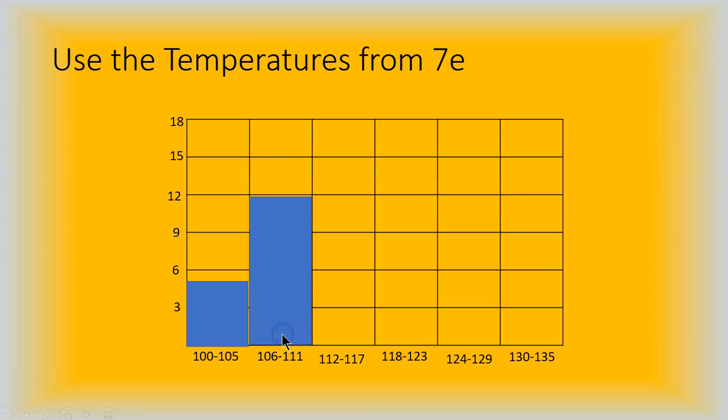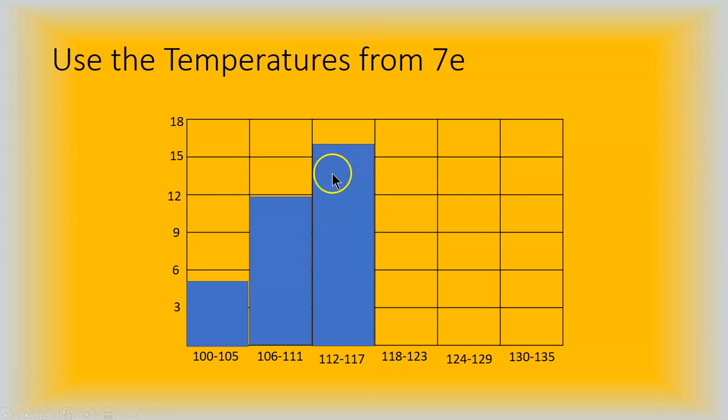This one, ooh, it's supposed to go all the way up to 12, sorry. It's kind of hard to do sometimes. So that's 12 for 106 to 111 degrees. And yes, I should have the degree mark on there, but I was lazy, okay? 112 to 117 degrees. Whee!